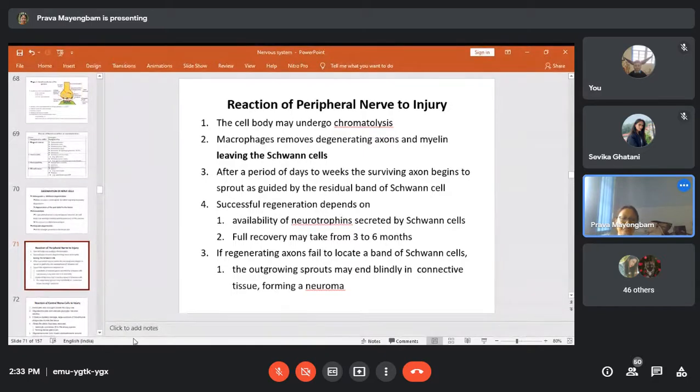Okay, so the outgrowing sprouts may end up blindly in connective tissue, forming a neuroma. That means if Schwann cells do not help in the regenerating process, then it is going to lead to a neuroma and there will be formation of a scar.